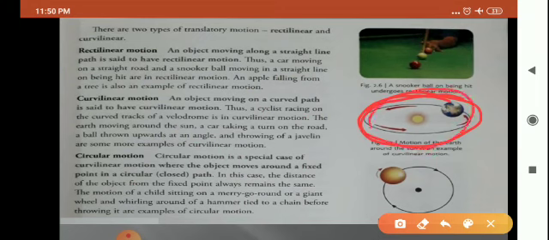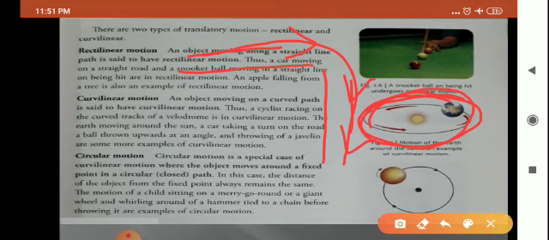A car taking a turn on the road. You all know that suppose this is one road, this is another road, and if the car has to take the turn from this road to this road, it will move along a curved path or not? Yes. So here also this car is traveling along a curved path, and hence it is having curvilinear motion.